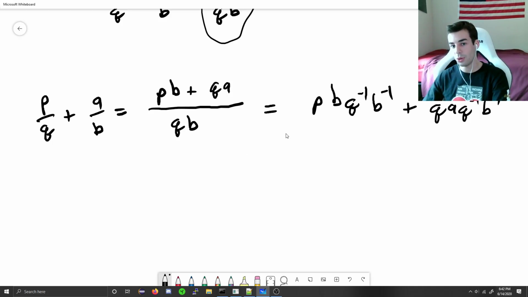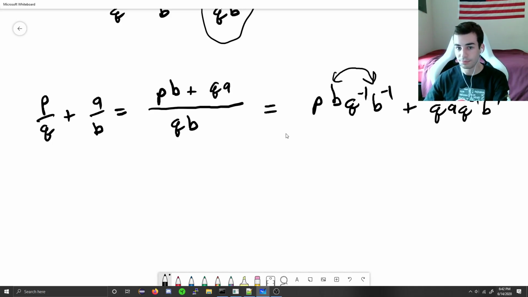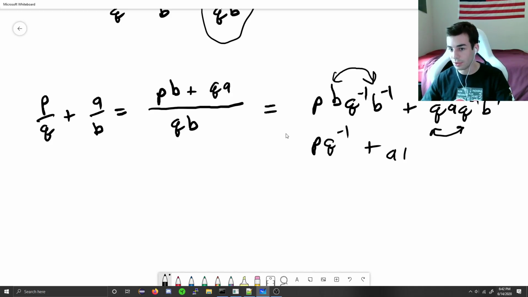But now you'll notice that B times B inverse is equal to 1. So this part is the same as P times Q inverse. And this part here, we can notice that Q times Q inverse is also equal to 1. So this turns into A times B inverse.